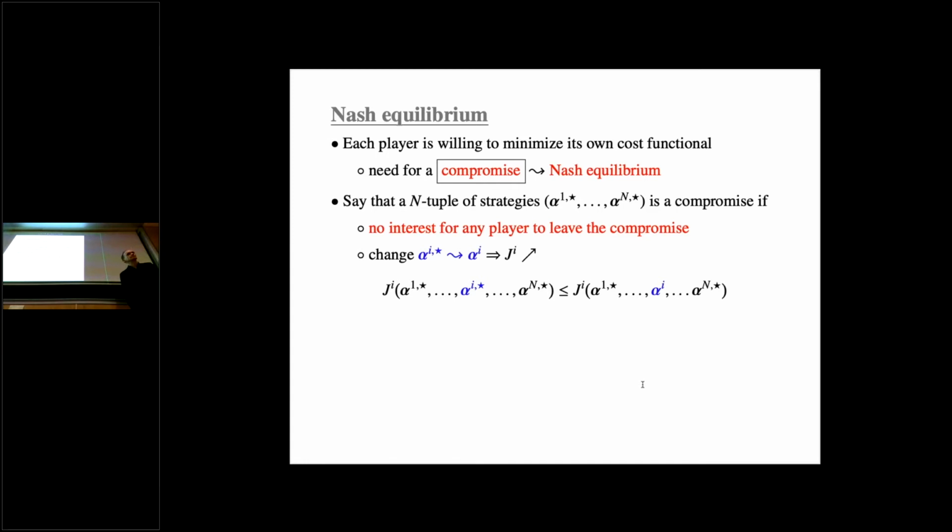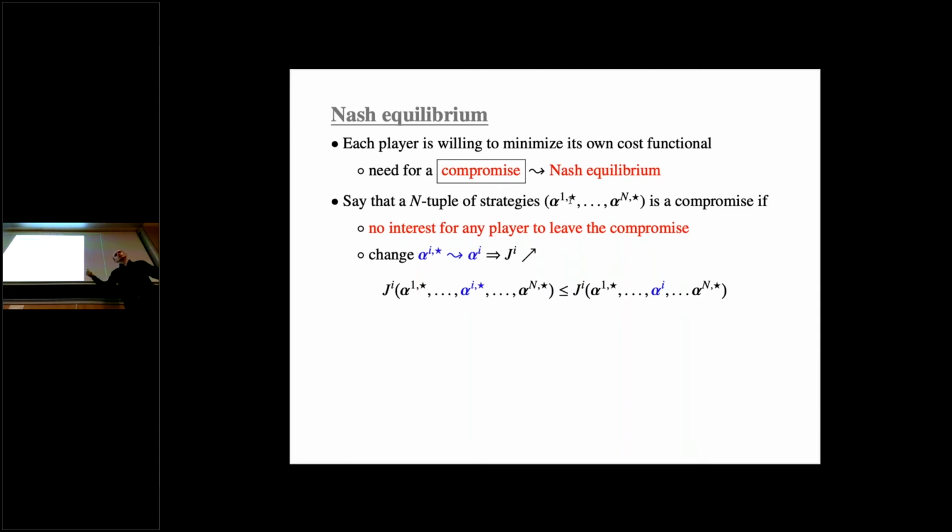I'm going to describe what it means. In my lectures, when you have a star, it means that this is either an optimum or an equilibrium. So each time you see a star, it refers to something that is optimal or an equilibrium quantity in some way. So I'm saying that actions alpha^1* up to alpha^N* form an equilibrium for your game with capital N players if there is no incentive for any player to leave the equilibrium.